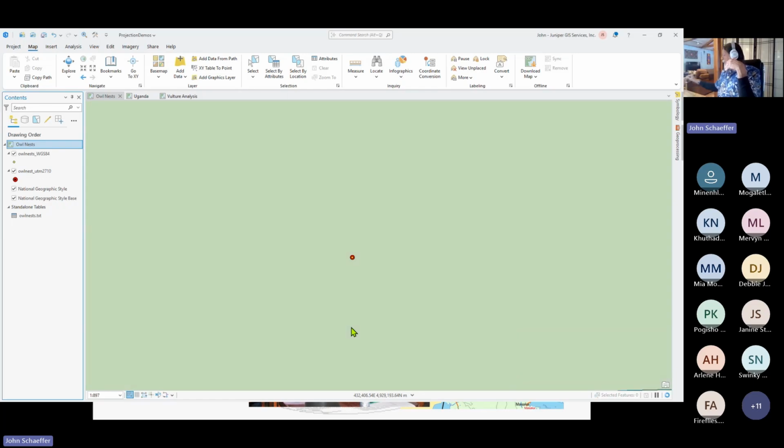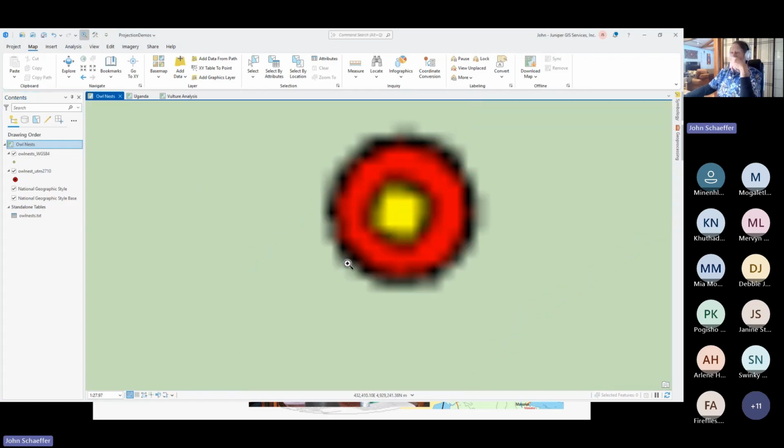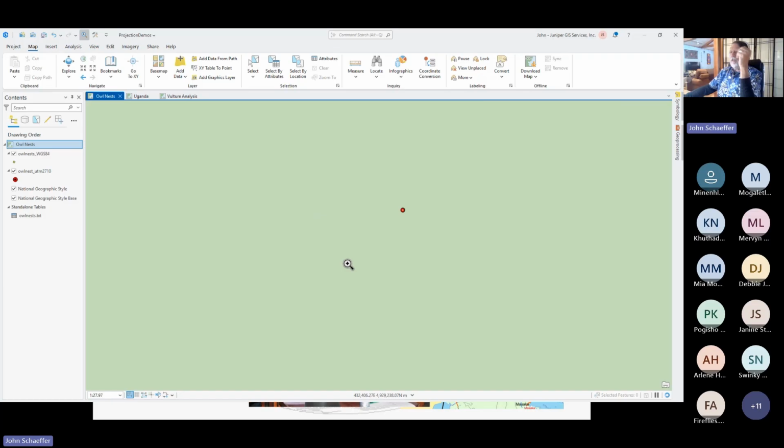And everything is lining up perfectly. I'll zoom in really tight. Still good. And trust me, you can zoom in and you're not going to find any real difference at all, maybe a tiny bit of difference. So I know this particular transformation works.